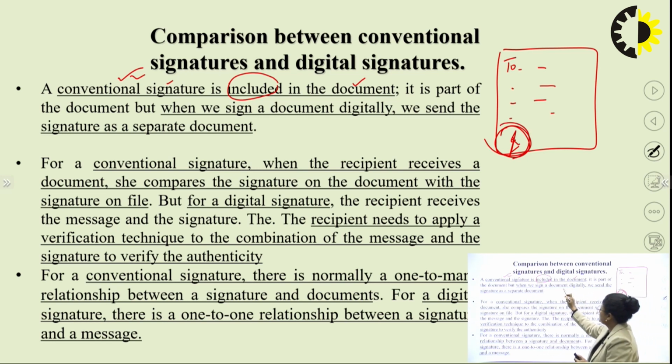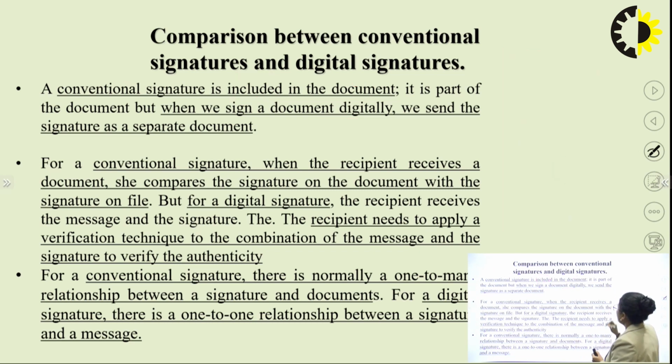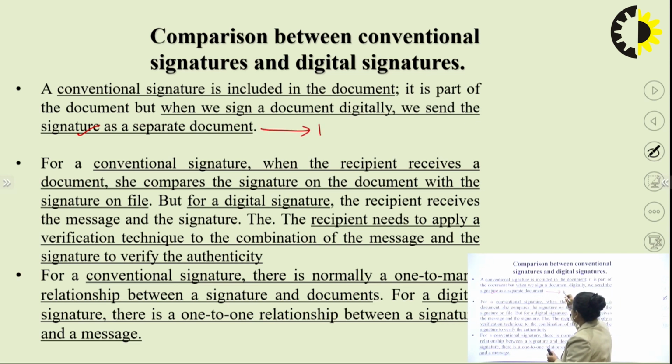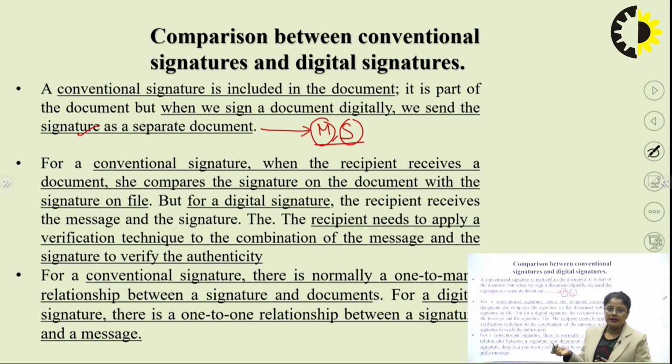Now, when you're talking about a digital signature, it is not included; we have to send the signature as a separate entity. So in the case of digital signature, we have to send the document or the message as well as a signature. So this is one entity and the signature is another entity, unlike in manual where we include the sign in the document itself.